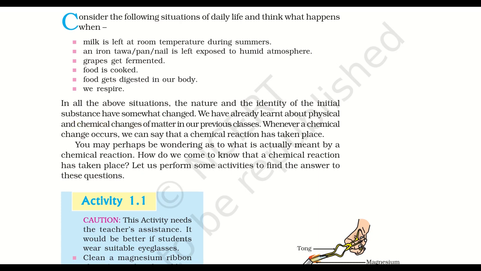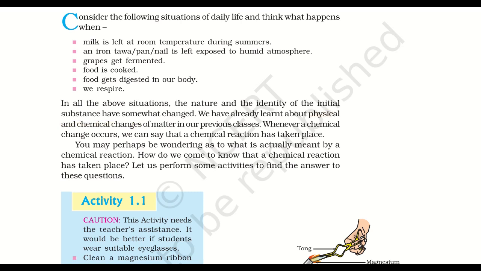As you know, in chemistry, we have already studied physical change and chemical change. Physical change means the changes that occur in a substance without changing its properties, while in a chemical change, a totally new substance is formed with new properties. So here we are going to study the chemical changes.